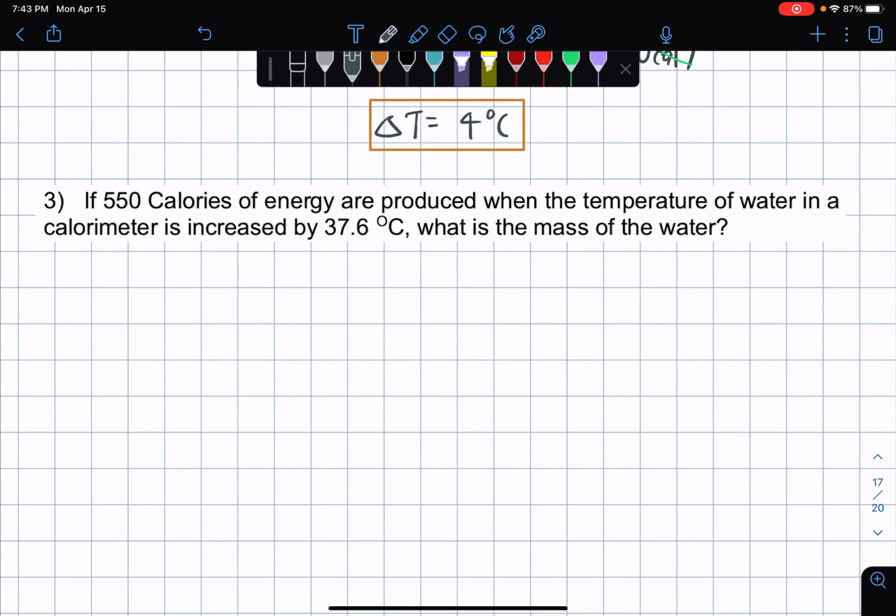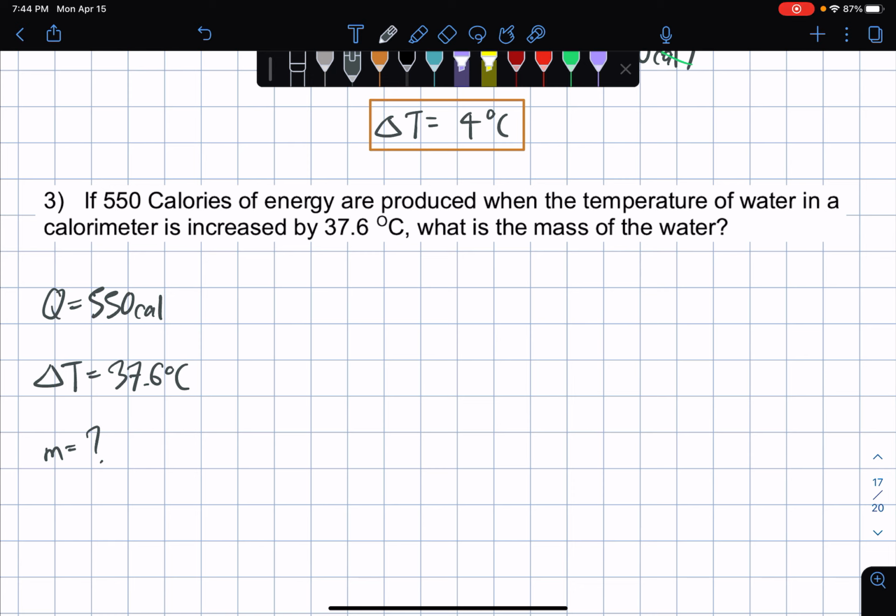Okay, number 3. 550 calories of energy are produced when the temperature of water in a calorimeter is increased by... Okay, so definitely the temperature value is the temperature change. And what we're looking for this time is the mass of the water.